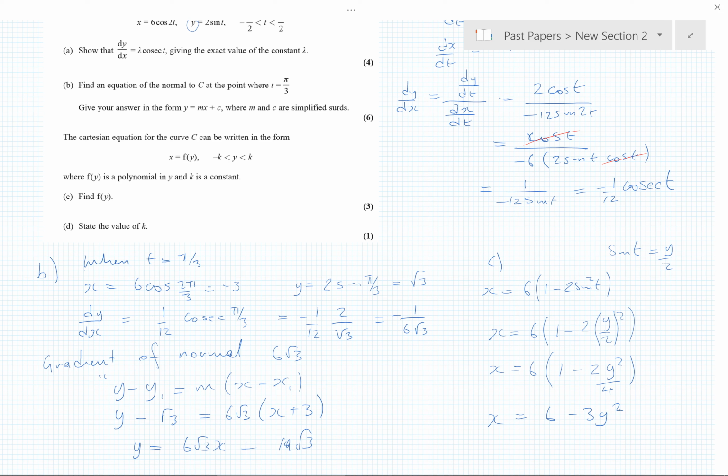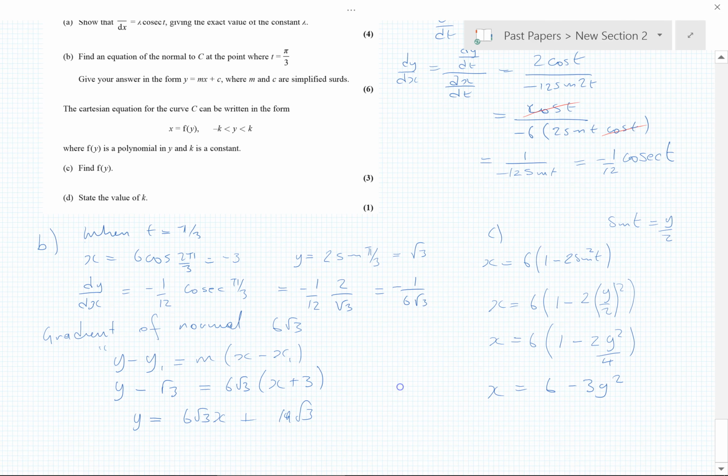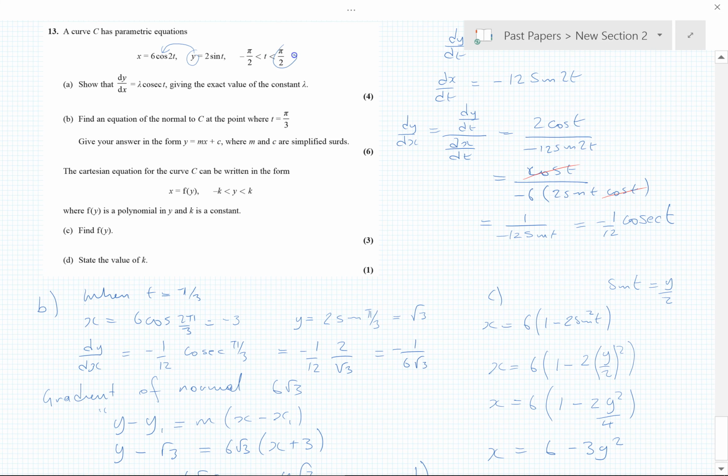After all that, I wonder why anyone would do this, but anyway, I like the ones which do loops and all that kind of thing, but this one's not particularly interesting, but who cares, we're at the end of the paper nearly. And it says state the value of k. Well, if we put pi by 2 in there, we'll get the value 1, and if we put minus pi by 2 in there, we'll get the value minus 1.